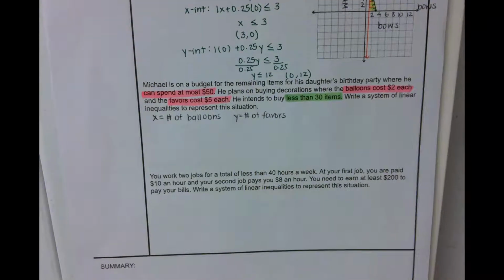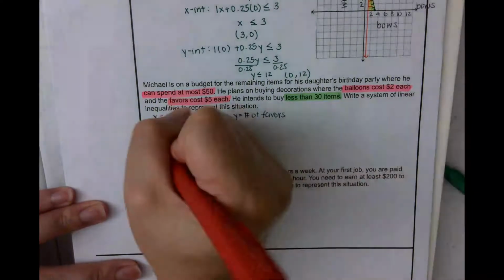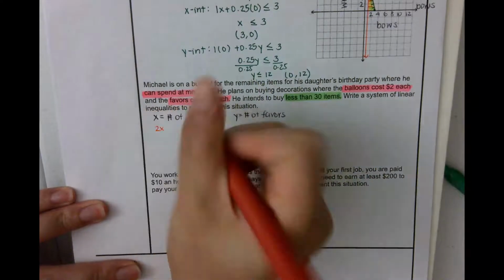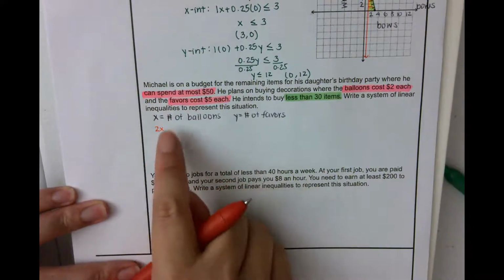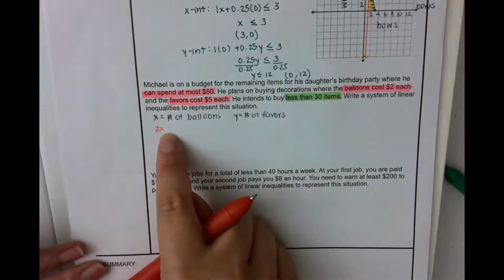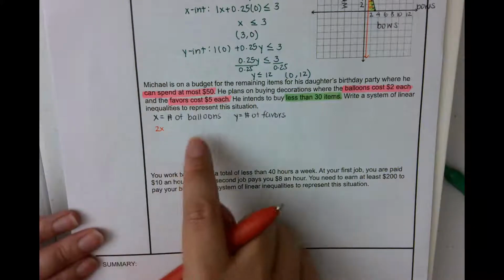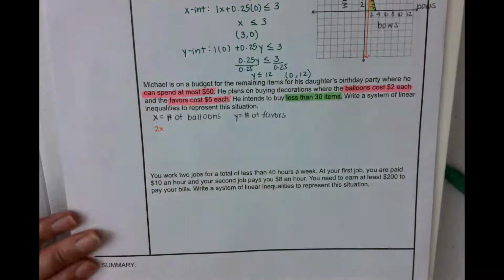Here, I know balloons cost $2 each, so if I do 2x, this is going to represent the money spent on balloons. If he buys one balloon, that's 2 times 1, $2. 2 balloons, that's 2 times 2, $4. If he buys 10 balloons, since x is number of balloons, 2 times 10, $20. So on and so forth.